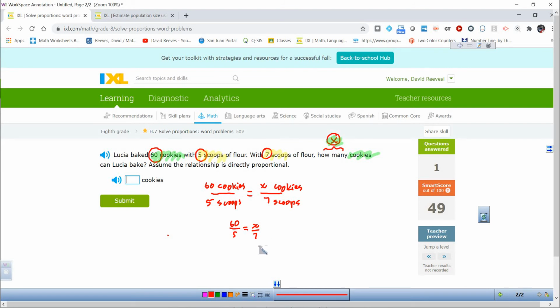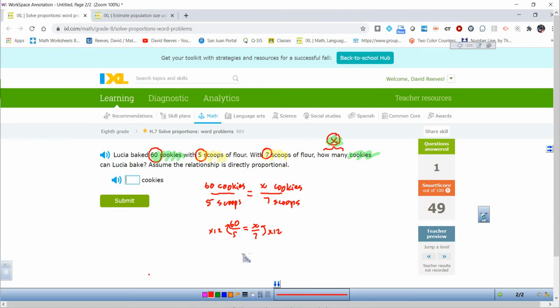And again, many different ways to solve this, all right? So if I look here, going up, because 5 doesn't go into 7 evenly, so going across doesn't really help me. But 5 times 12 is 60. So 7 times 12 is going to give me my answer.